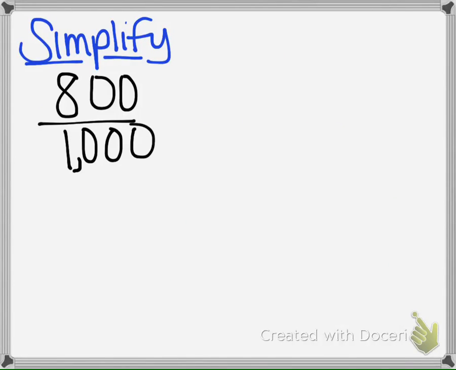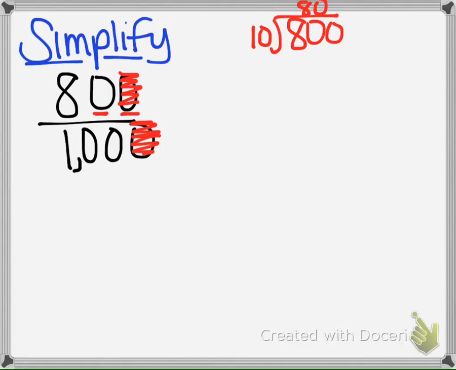Okay, if we have a fraction with zeros at the end, then there is a trick we can do. For every 0 at the far right of a number, we can cancel it out with a 0 at this end. The reason why that works is because 800 divided by 10 is 80, so it gets rid of that.